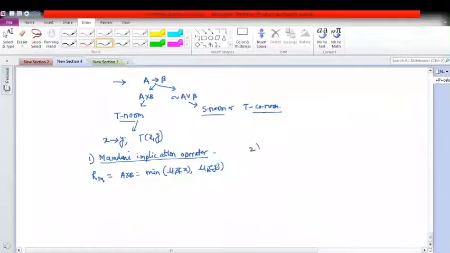Okay, second operator is the Larsen implication.